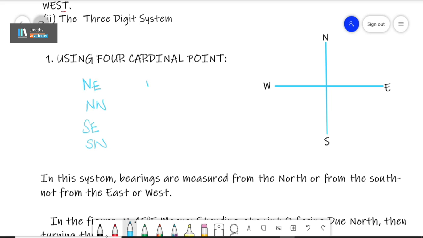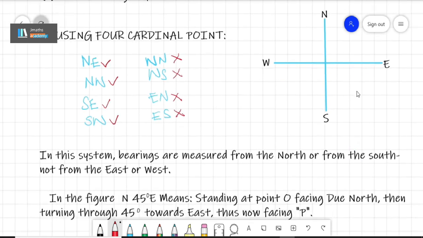But it is not possible for us to have west north, west south, east north, and east south. Okay, so in bearing this is correct, while this is not correct. Alright, let's continue.